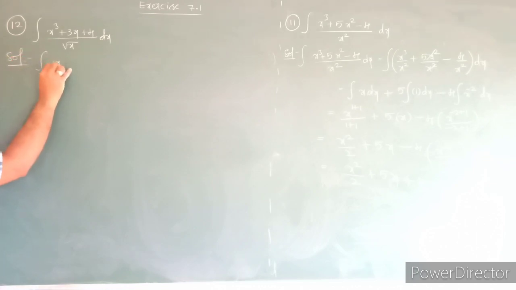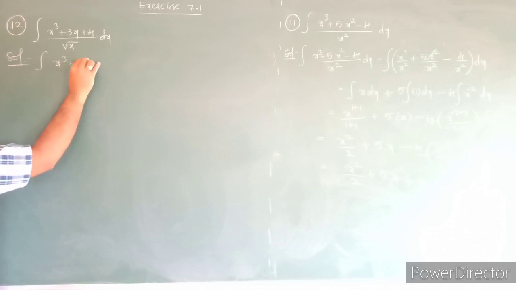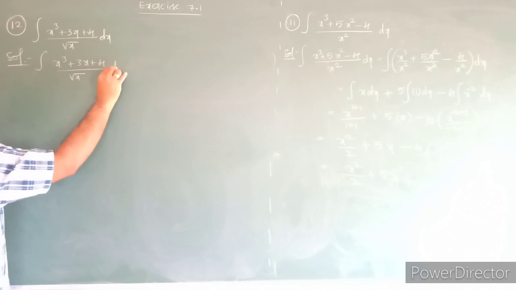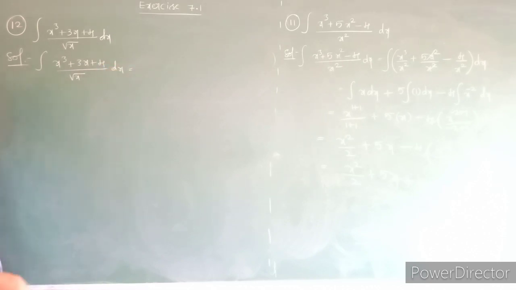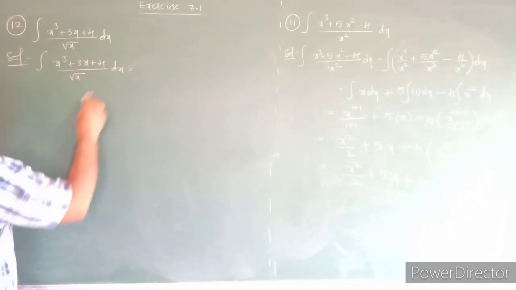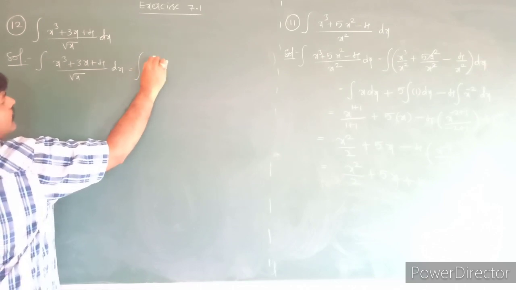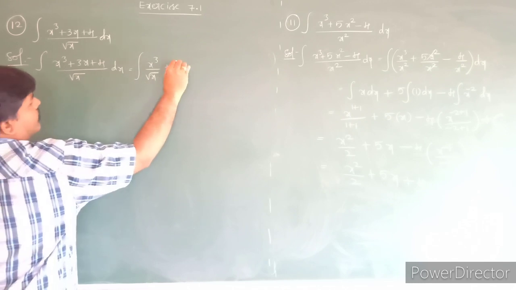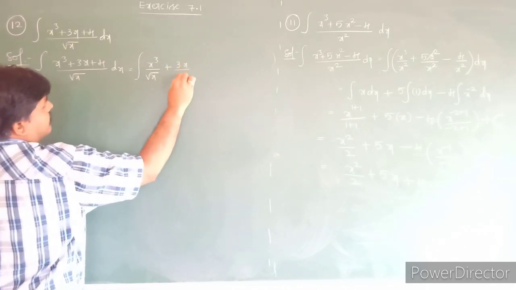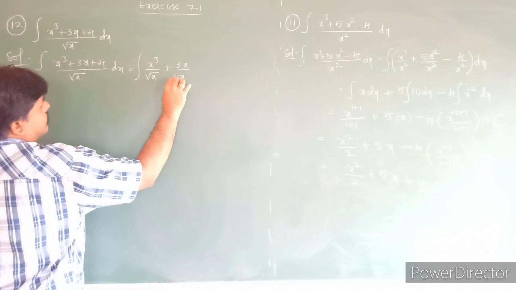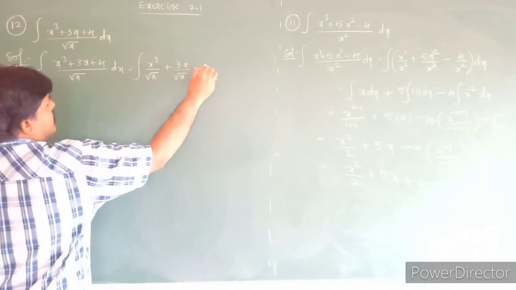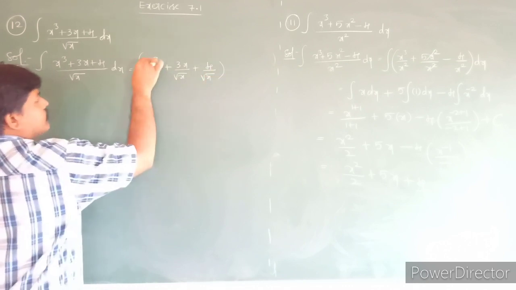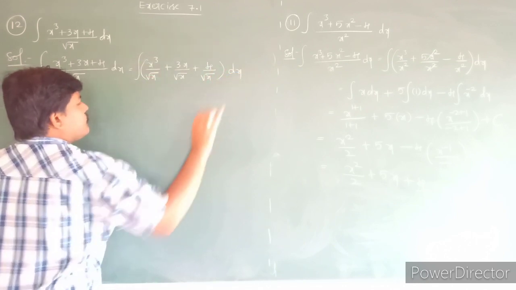Integral of x cube plus 3x plus 4 by root x into dx. So what we will do is separate the terms first. So integral of x cube by root x plus 3x by root x plus 4 by root x into dx.